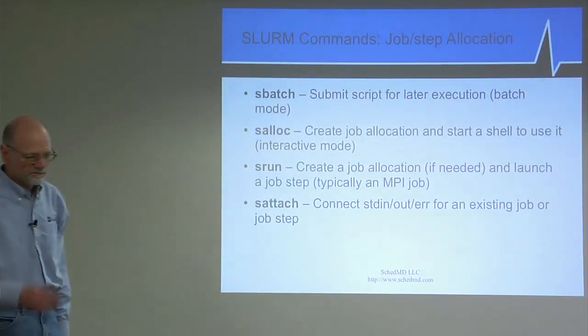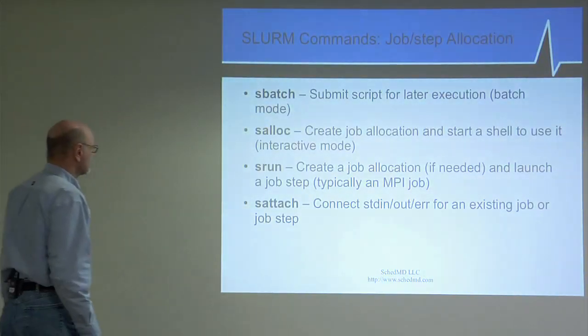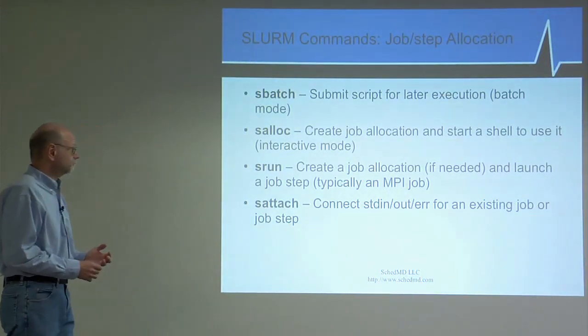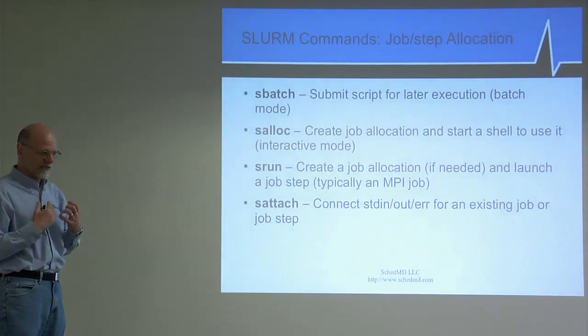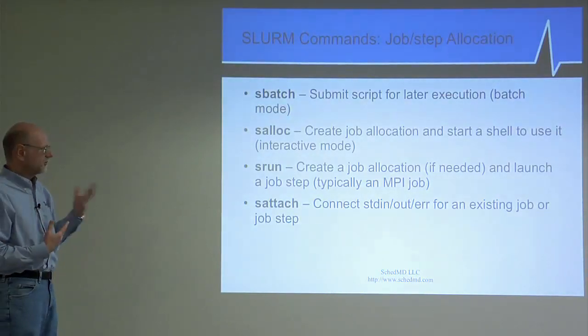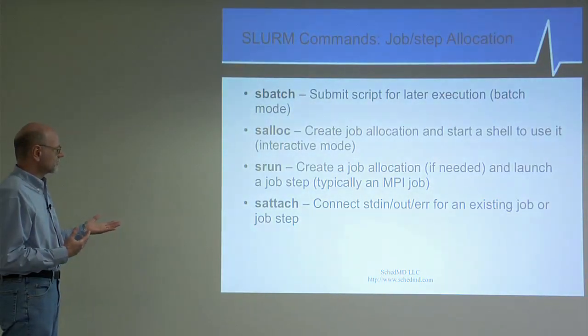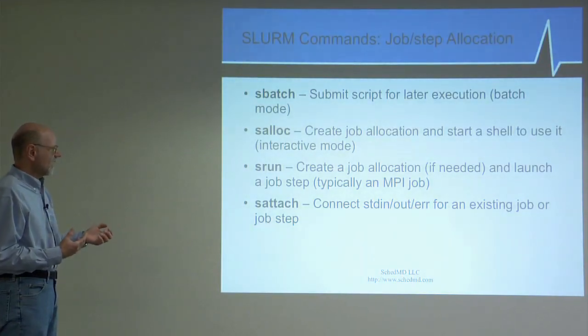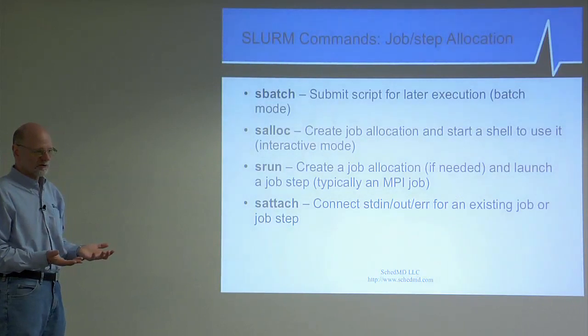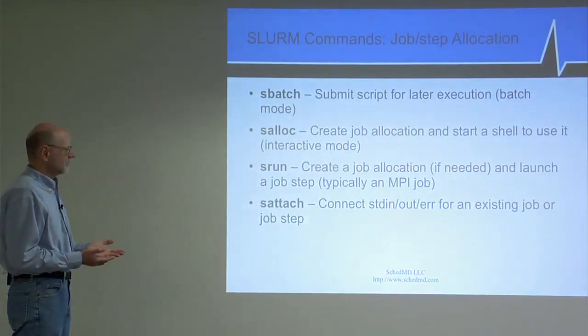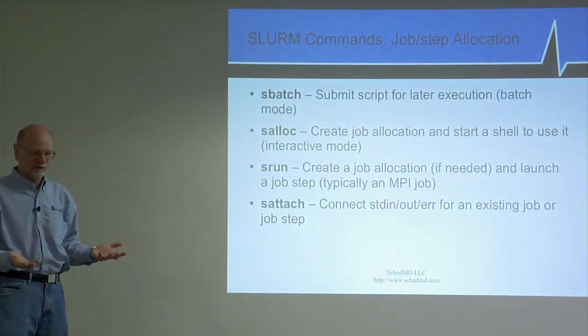So for job and job step allocation, the commands you would use are sbatch, which takes a script and uses it to submit a job for later execution. salloc is an interactive mode. You specify the resource requirements, and typically the command you would run would be a shell.